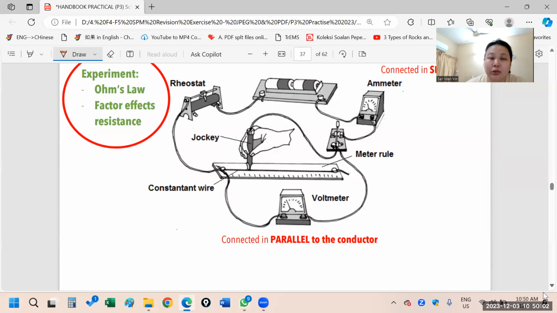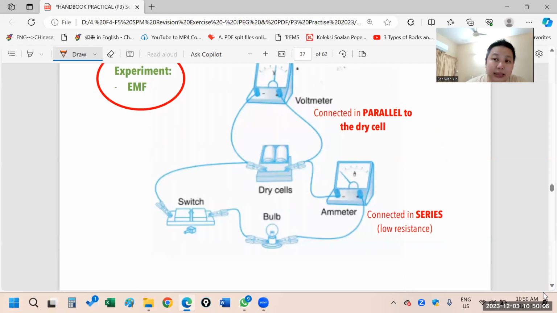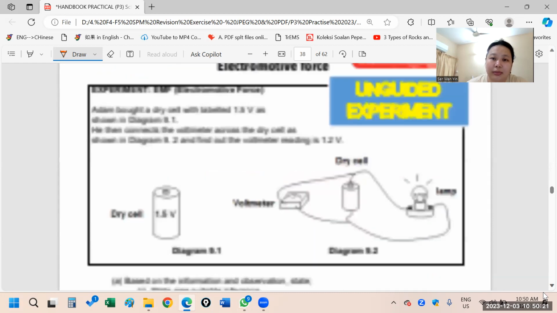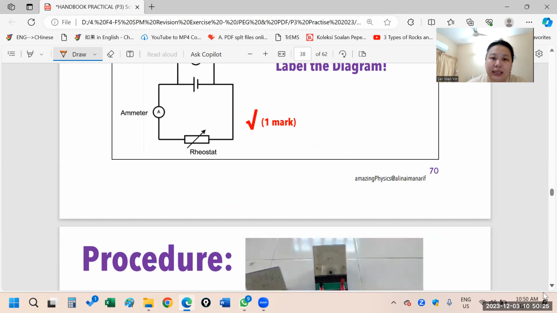So here are Ohm's law and factors affecting resistance, but I guess maybe it's EMF. Maybe it's Ohm's law and non-Ohm's law. I guess, my guess only.